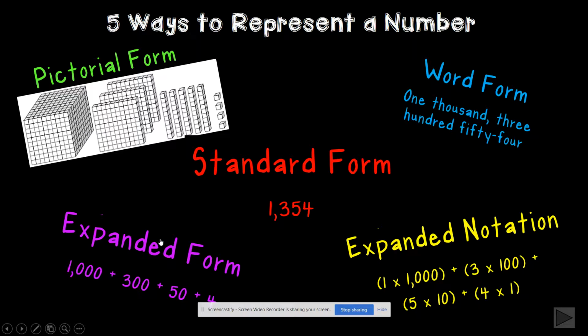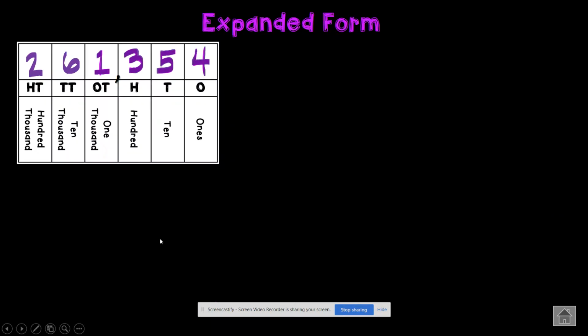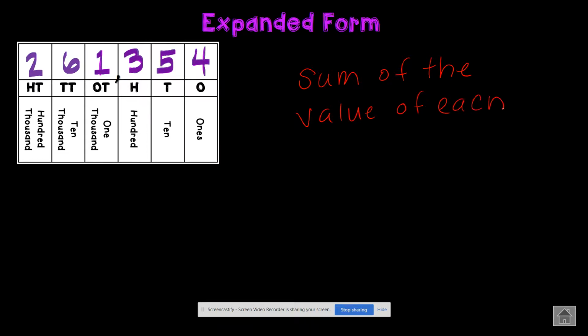Next, we have expanded form. And I've left this larger number here with our expanded form so we can get a better idea of how we write our numbers in expanded form. Expanded form is simply the sum of the value of each digit.